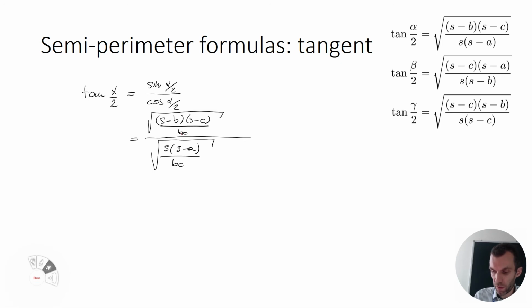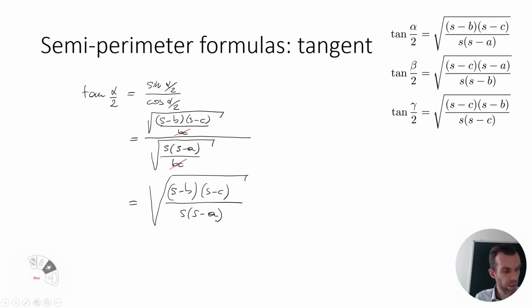And now you see the denominators cancel, bc here, and we can write this as a big square root of (s minus b)(s minus c) divided by (s minus a). So that gives us our first formula, this one right here.